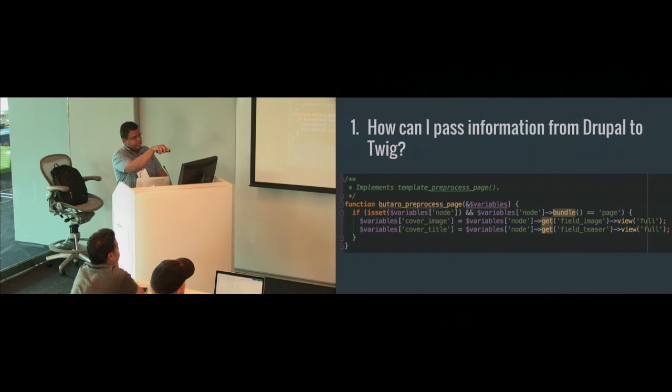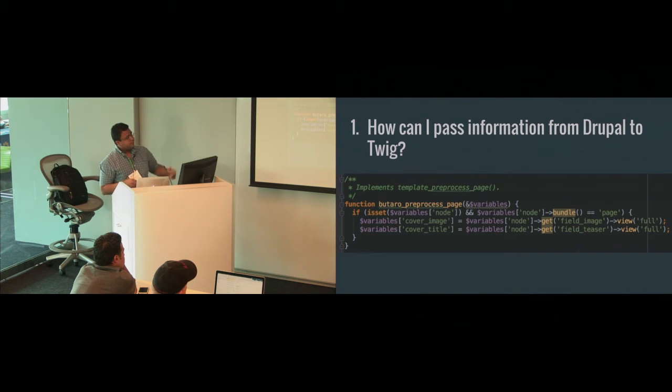So this implies some configuration in my backend, but the logic is the same. I implement a hook preprocess function. I do my checks if I want to have the variables available or not. If I do want to have the variables available, I add them to the variables array and assign the value that I want. This can be anything that you want.